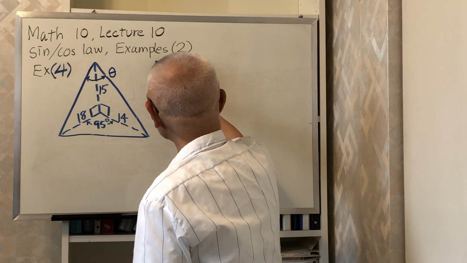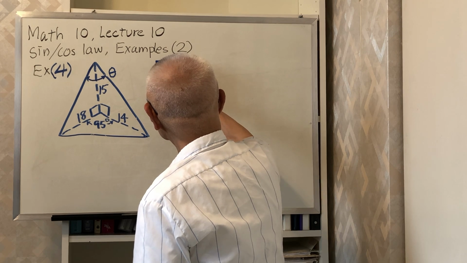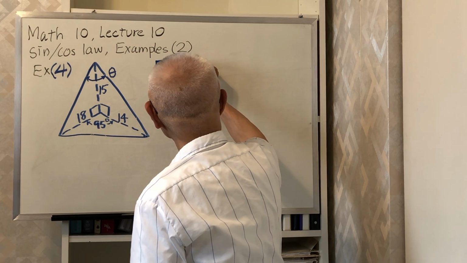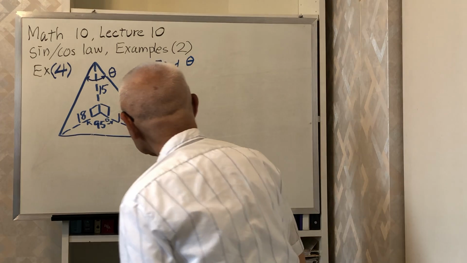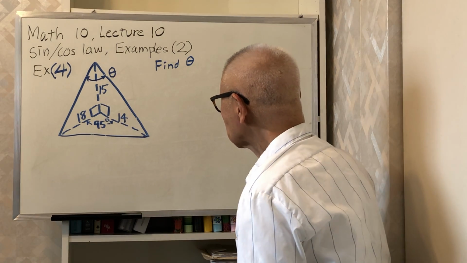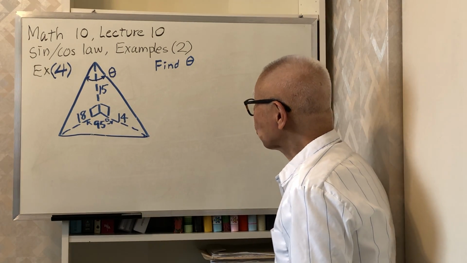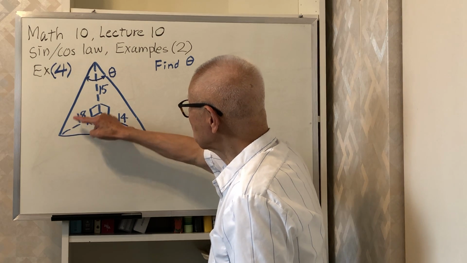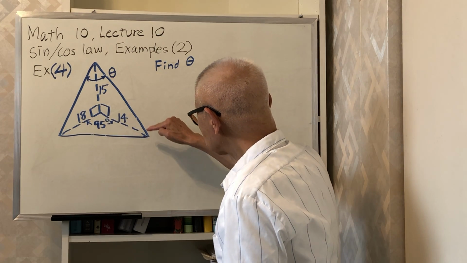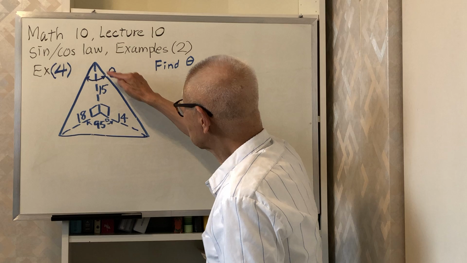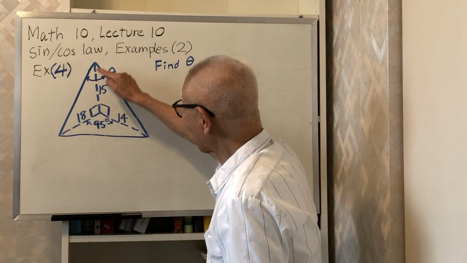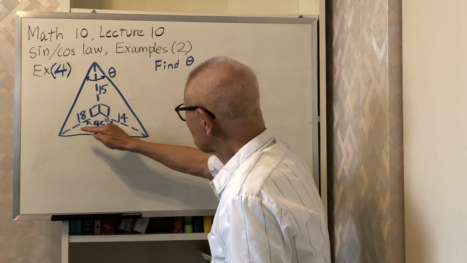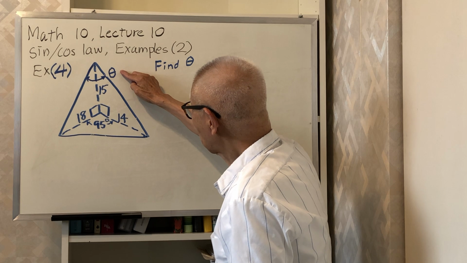I want to find theta. Theta is in this triangle, and this is not a right triangle. So how do I find theta?